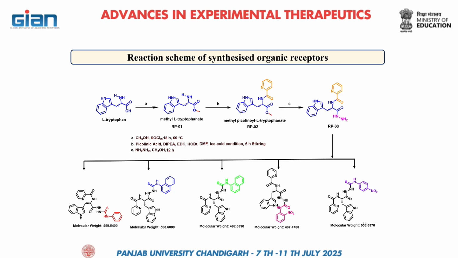If we go by the organic synthesis, we have started with tryptophan, and after that we combine it with one of the pyridine carboxylic acids, 2-pyridine carboxylic acid, along with the methyl derivative of tryptophan.